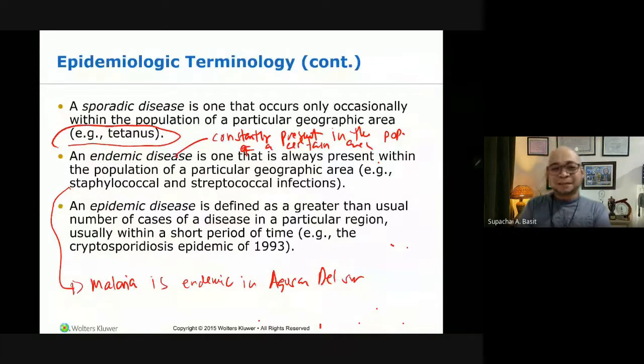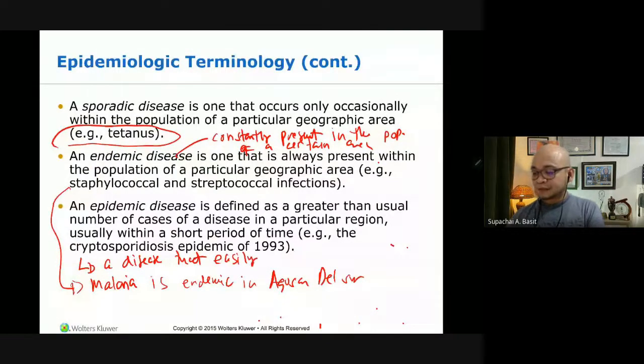So an epidemic is a disease that easily spreads within the population.